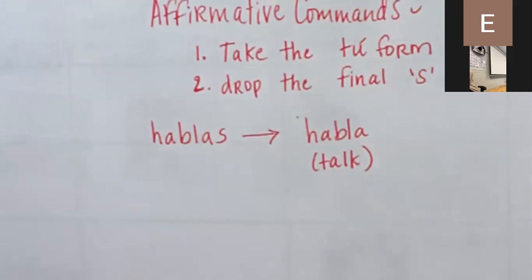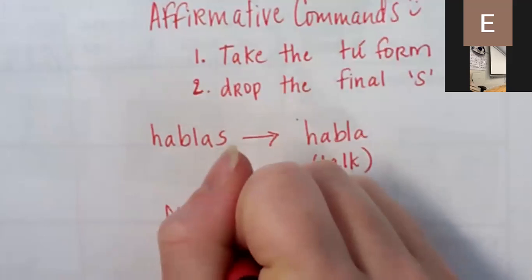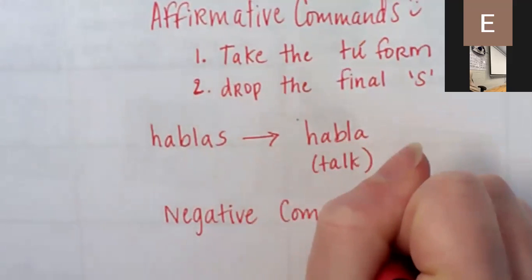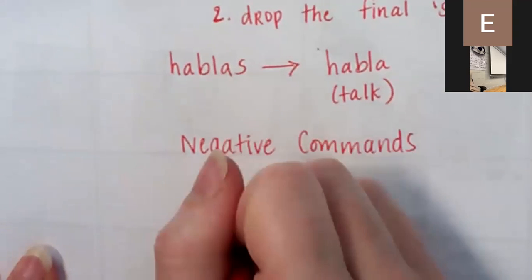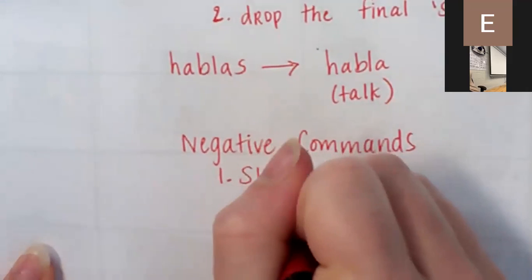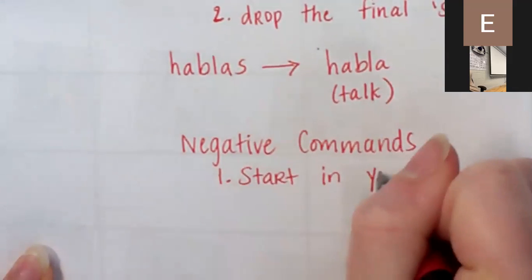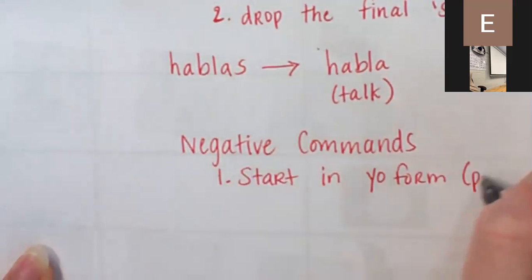And then the negative commands have 4 steps instead of 2. And this is how I will typically phrase it. It's a little bit different from your notes. So start in the yo form. And this is the yo form for the present tense.